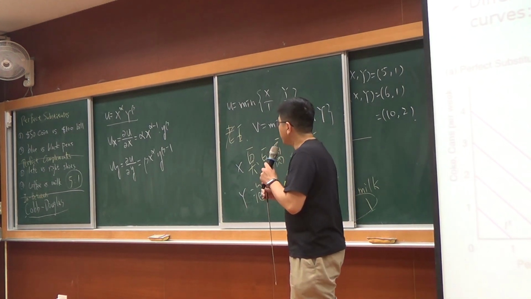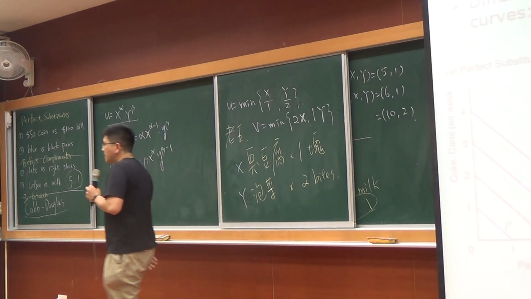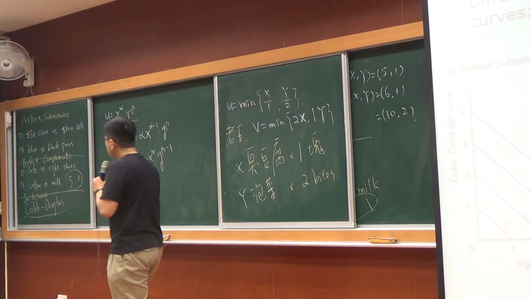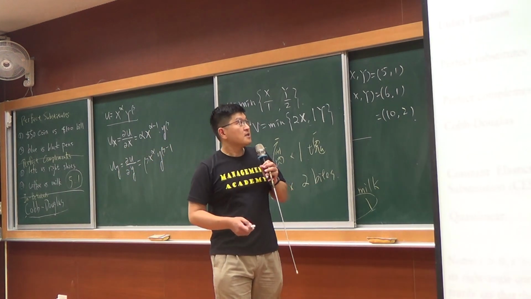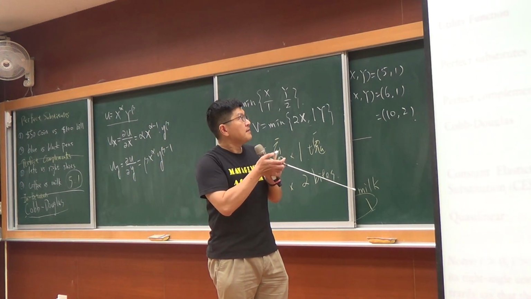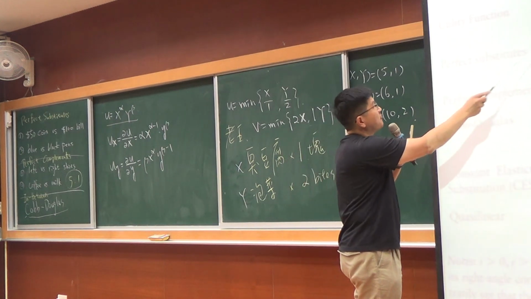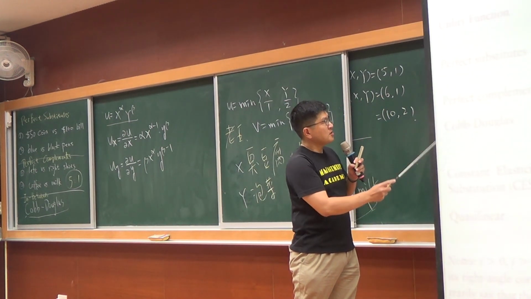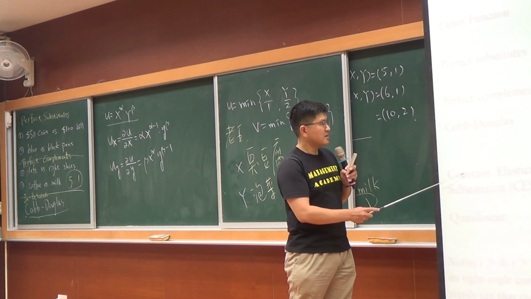And something in between. One representative case would be the Cobb-Douglas function. So we have functional forms of utility function: perfect substitute, perfect complement, Cobb-Douglas.